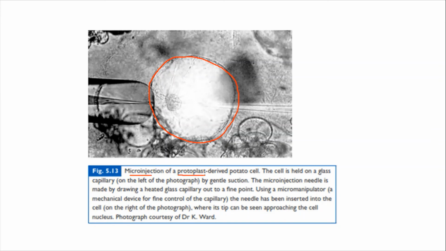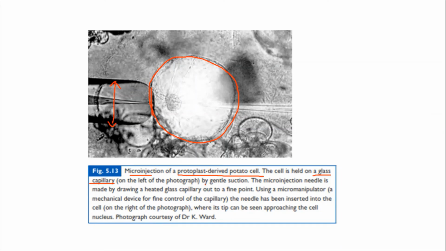This entire setup is placed under a microscope. We use the capillary tube to hold the single cell because we are injecting the DNA solution into the cell. By gentle suction, the cell is held here so that it doesn't move.